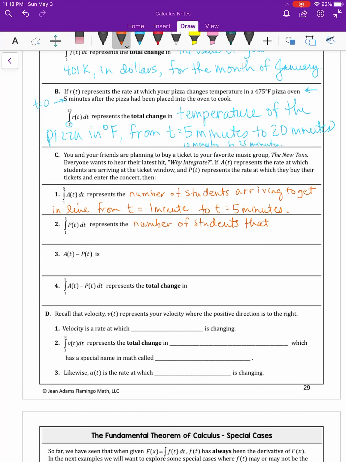So this is going to be the number of students that have bought tickets and leave the line on the t from 1 to 5 minute interval.